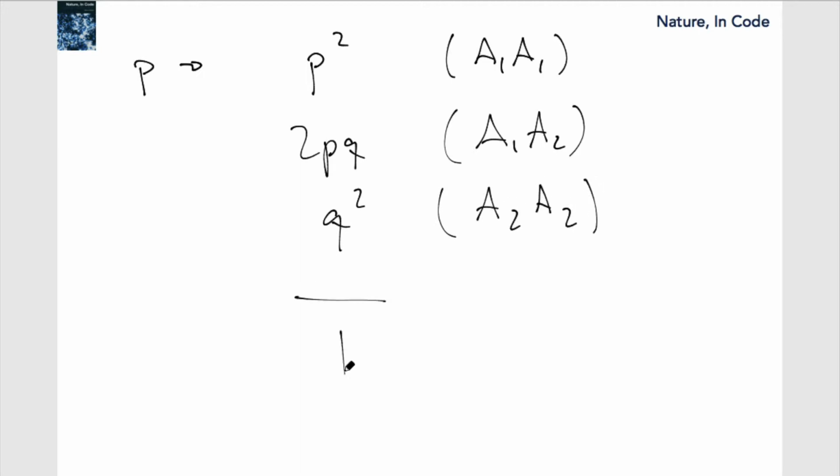And of course, these added up to 1. So these are the Hardy-Weinberg frequencies given p, and given q, obviously, which is just 1 minus p.